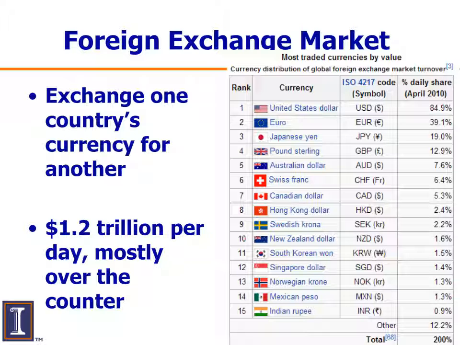This, if you look at the bottom, will total 200% because if we're exchanging one currency for another, there are two currencies involved. The US dollar represents most of the currency exchanges, 85%, followed by the euro and the Japanese yen. Again, just a feel for the size of the market, and to note that the US dollar makes up a pretty large portion of that market, followed by the euro and Japanese yen.